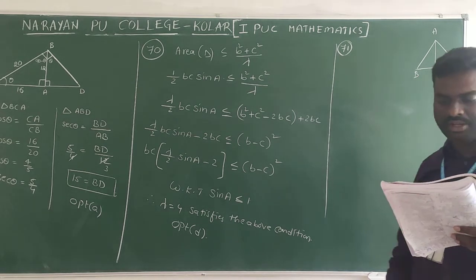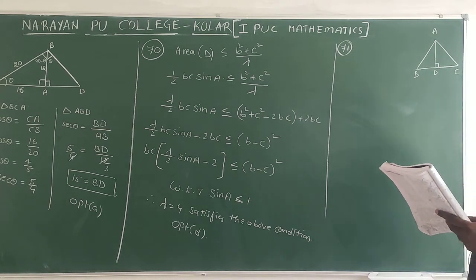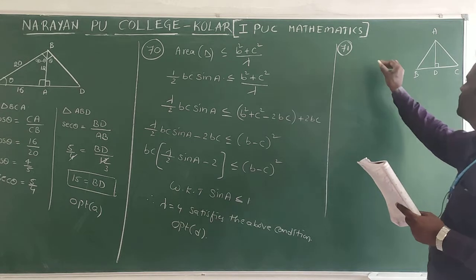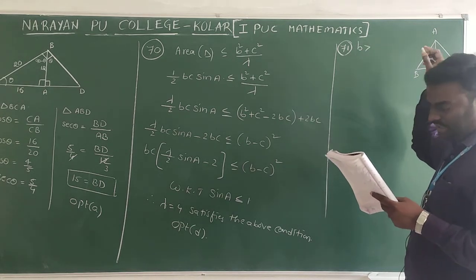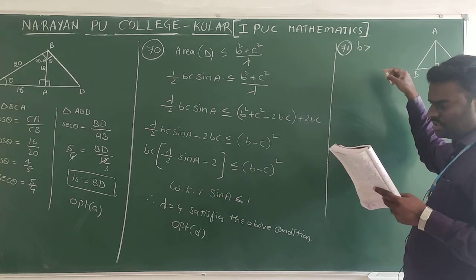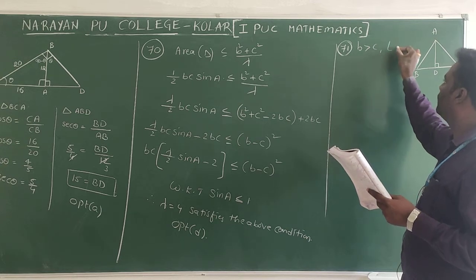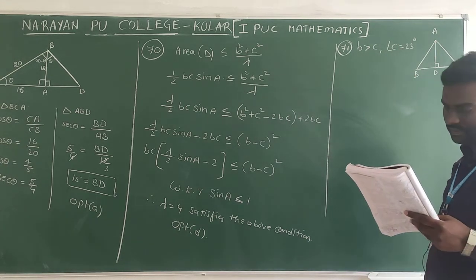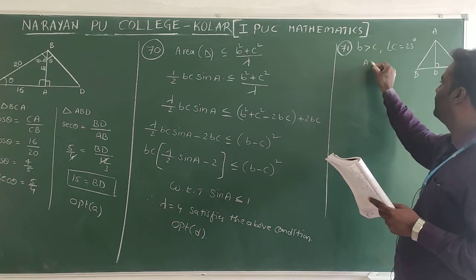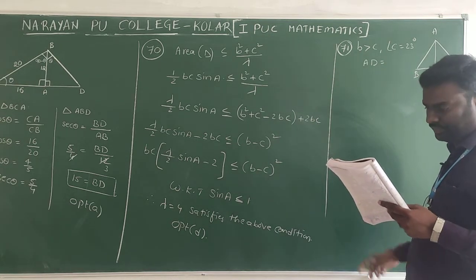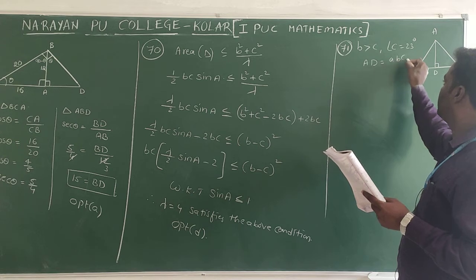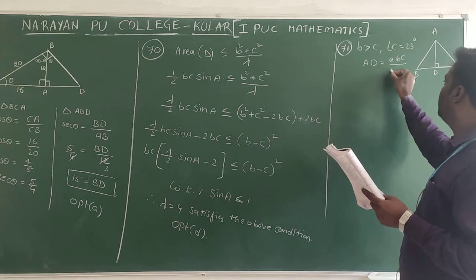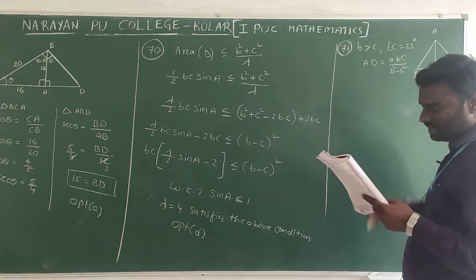AD is the altitude from A. The given condition is that side small b is greater than small c, and small c is also given as 23 degrees, and they gave AD equals abc by b square minus c square.